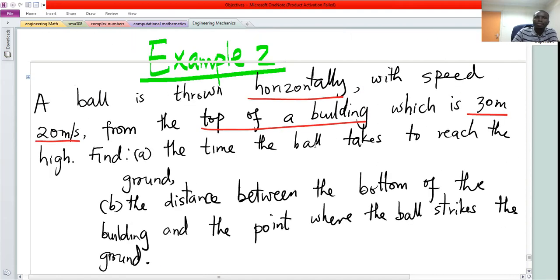Now, the first one is to find the time the ball takes to reach the ground.